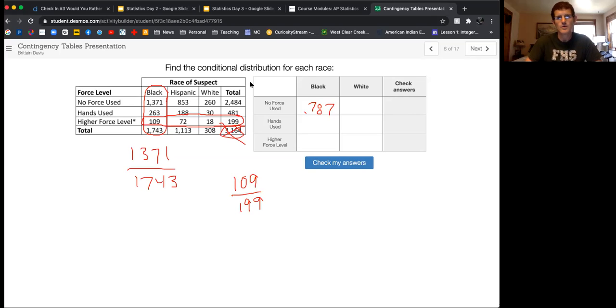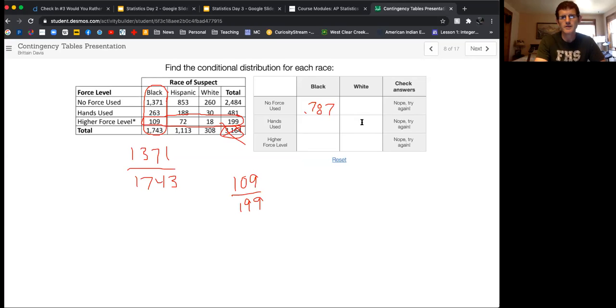Okay, so as long as we understand how to get those numbers, let's not take the time right now. I think if I click check my answers, no, it doesn't tell me. But let's just solve one of them together. I'm going to have you guys do it. What is the conditional distribution for white?